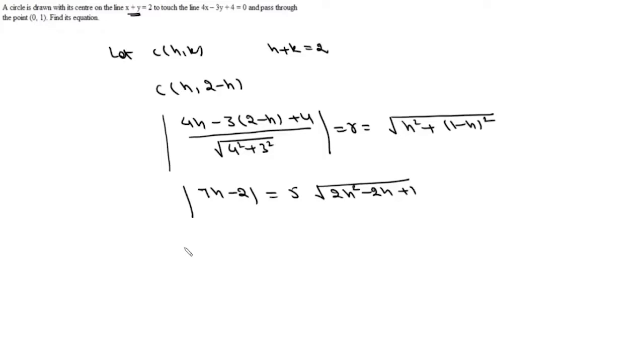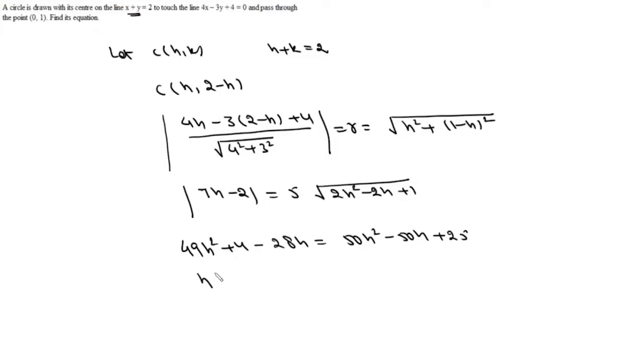Now we square it, and we can write this as 49h² + 4 − 28h = 25 × 2, that is 50, so 50h² − 50h + 25.